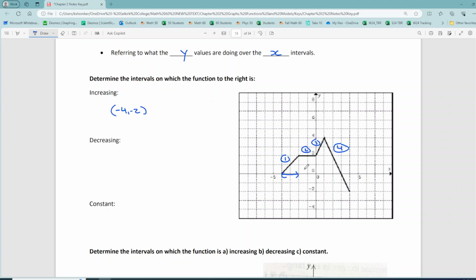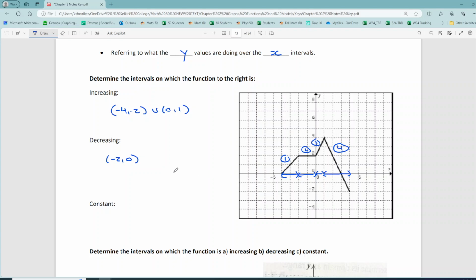Then in section 2, from -2 to 0, what are the y values doing? Well, they're constant, so we put that here. So over the interval -2 to 0, the y values are constant. And then from 0 to 1, those y values are increasing again. And then lastly, from 1 to 4, so we had this tiny little interval, and then we're looking from here all the way to here, the y values are decreasing.